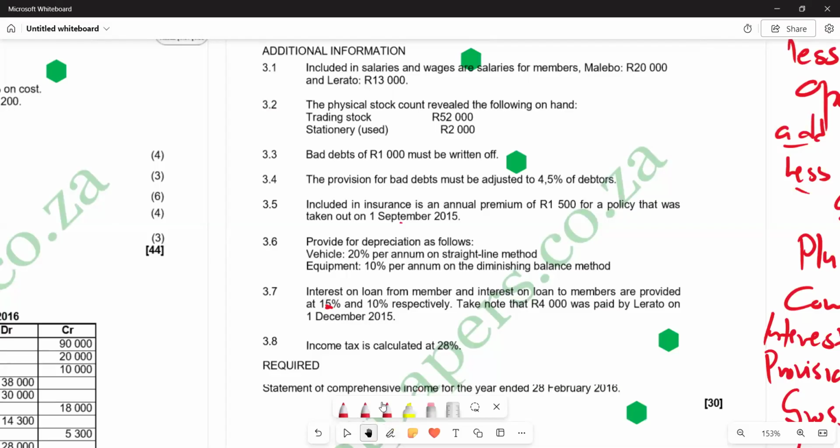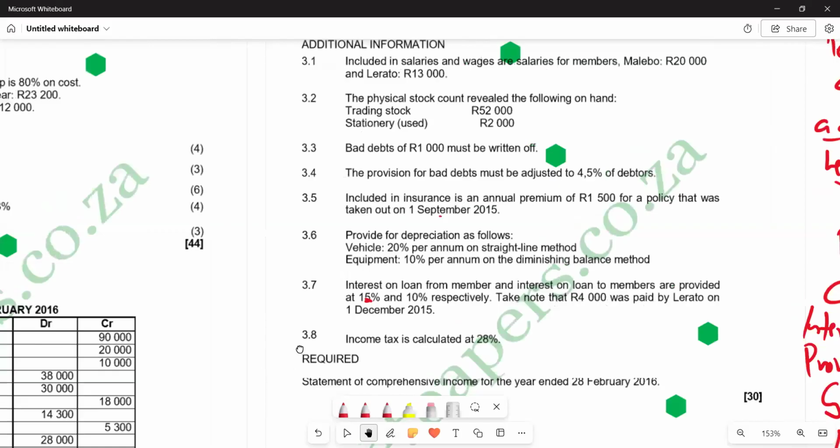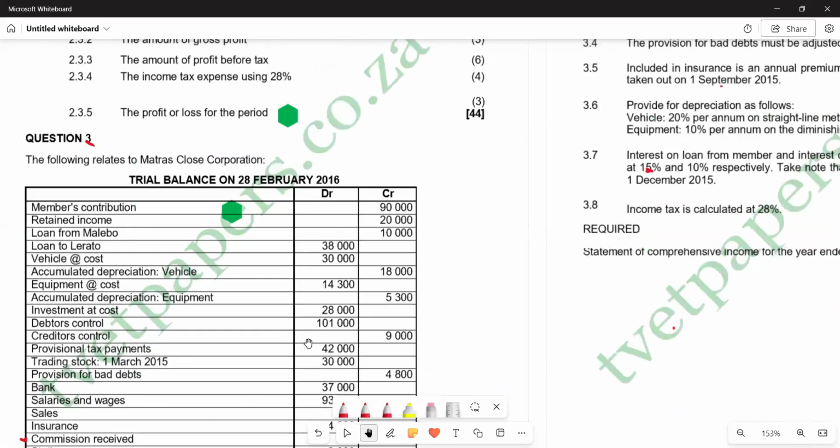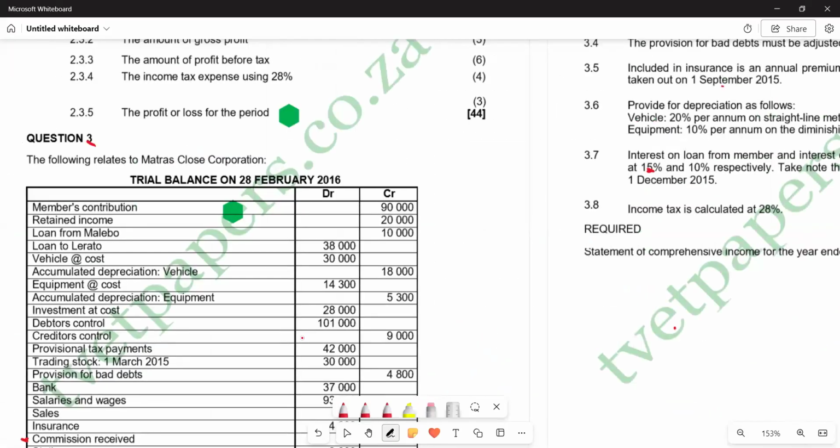So we check the total amount of the loan from member in the trial balance, which is 10,000. So we're going to say 0.15 times 10,000, and obviously we are going to get 1,500.